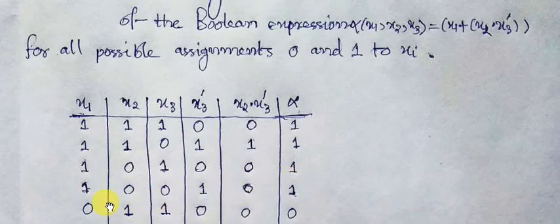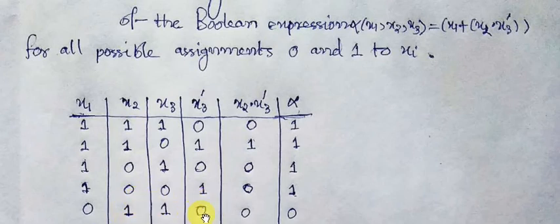Here we are assigning the value of x1 equal to 0, the value of x2 equal to 1, the value of x3 equal to 1. So x3 complement, that means 1 complement, this is equal to 0, and this is x2 into x3 complement, this is x2 and this is x3 complement.